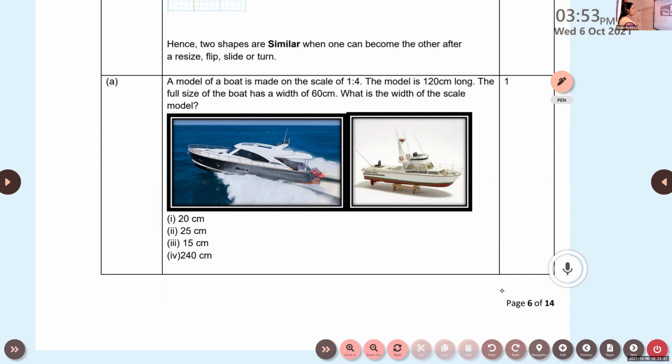The model of a boat is made on a scale of 1:4. The model is 120 centimeter long. The full size of the boat has a width of 60 centimeter. What is the width of the scale model?